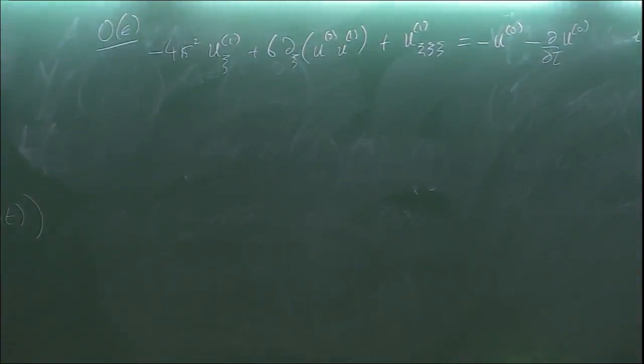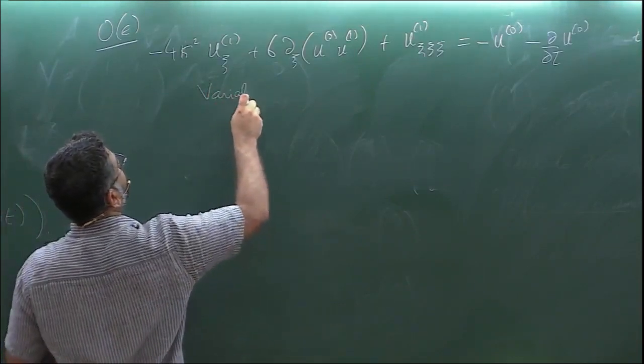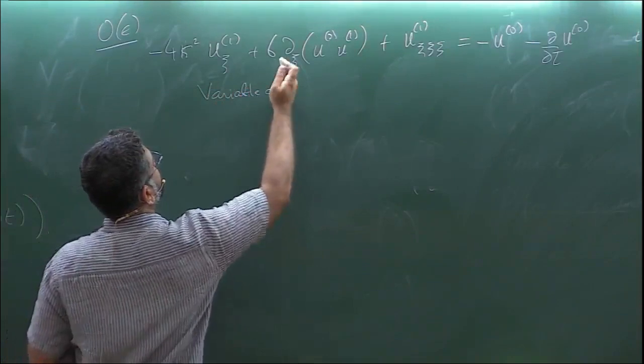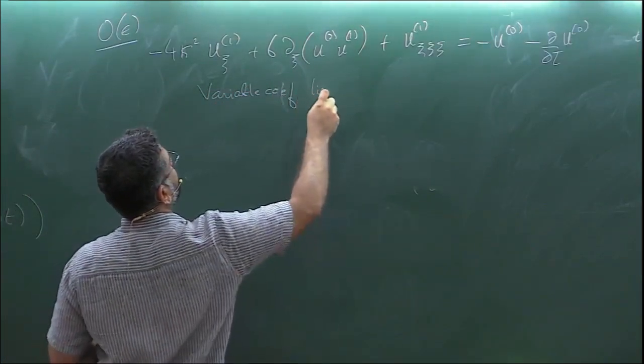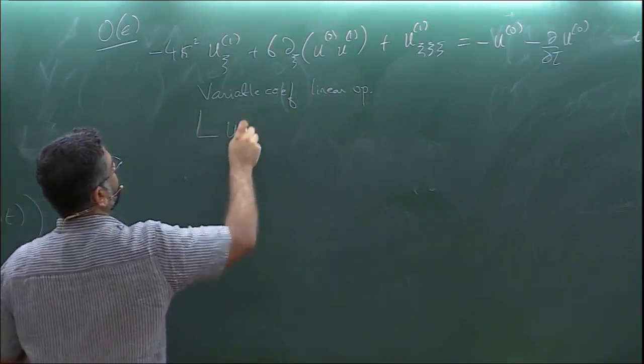The time derivative gives me an extra term that I've taken onto the right-hand side, and I get this linear differential operator acting on U1. But it's not a constant coefficient operator, because I started off with a nonlinear problem and wanted to find a non-trivial solution. So I end up with a variable coefficient linear operator.